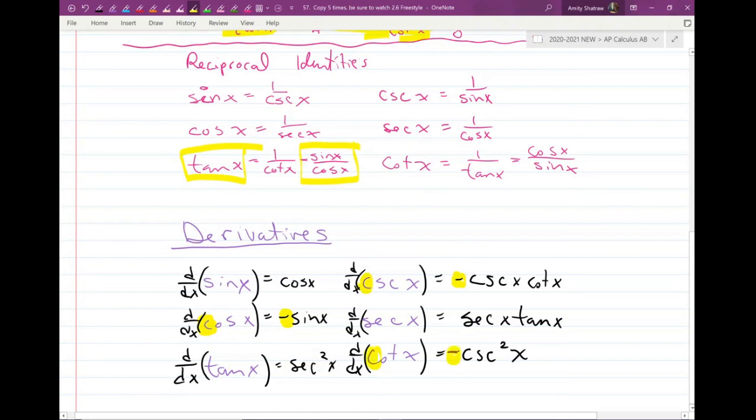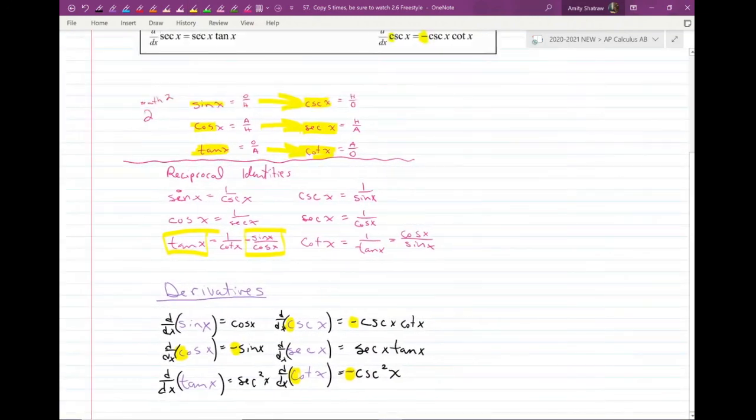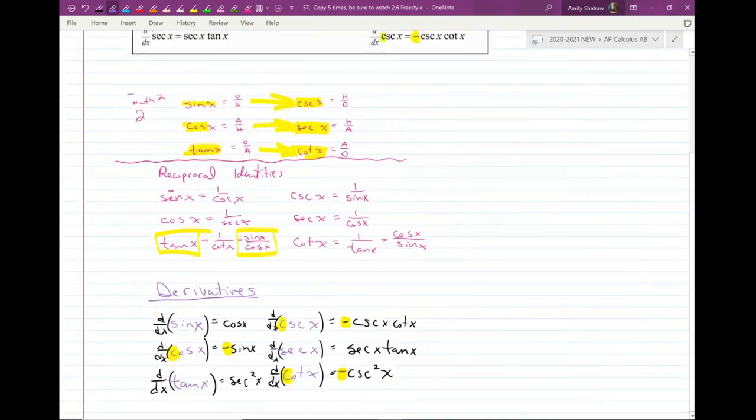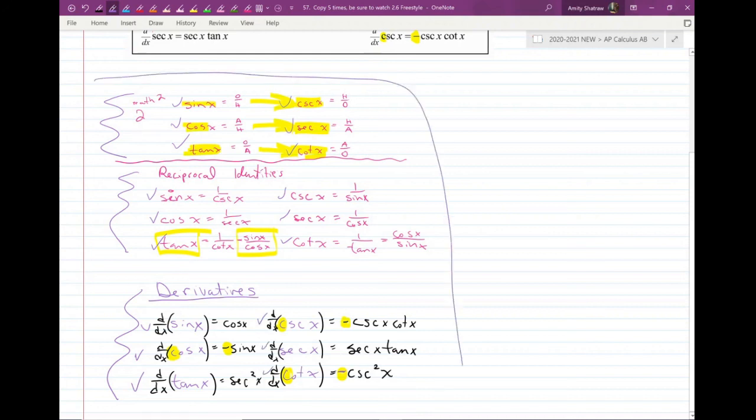And hopefully you now will feel comfortable copying this. Again, you can organize each one of these functions in whatever fashion that you want. But this is what I wanted to have be done for the Copy 5.